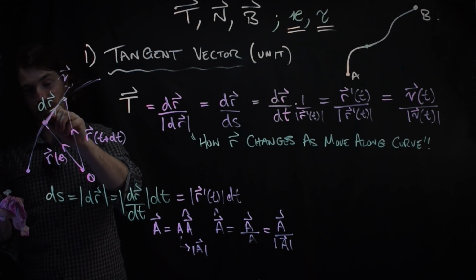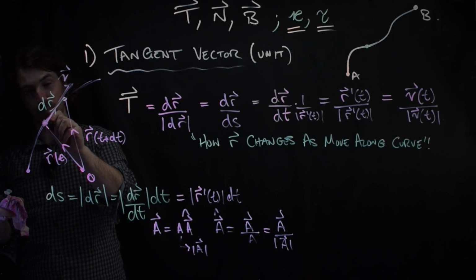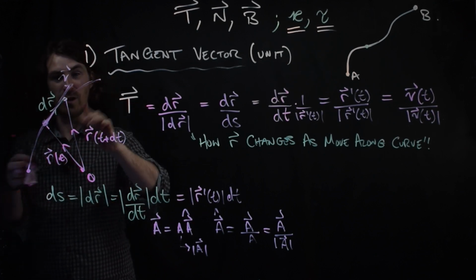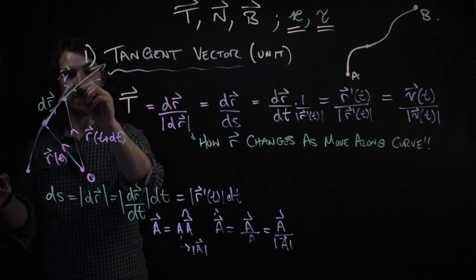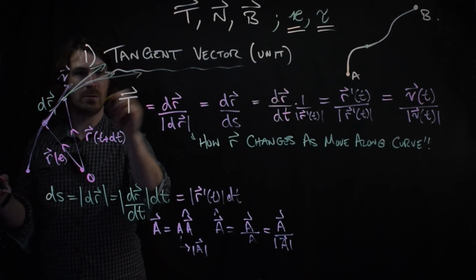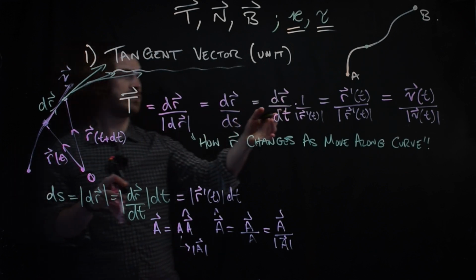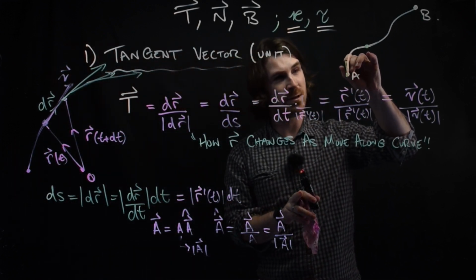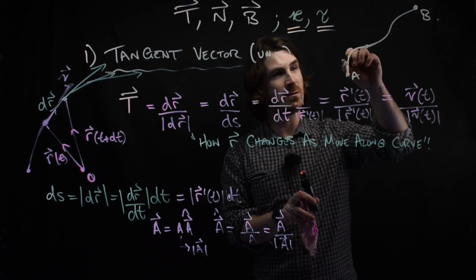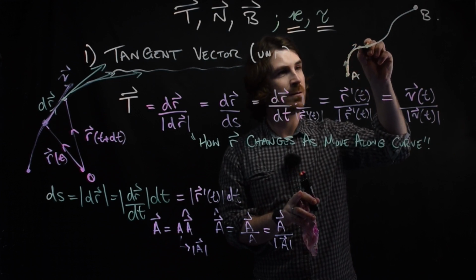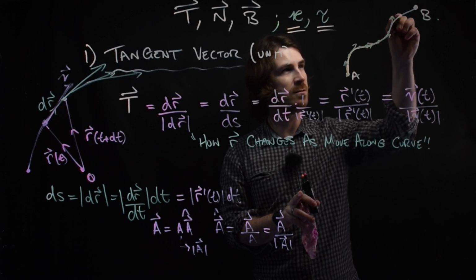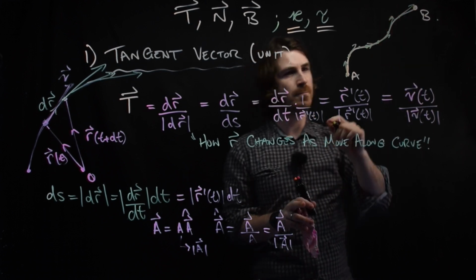This is the velocity corresponding to motion at this point. As we move around the curve, the tangent changes direction. If we were to draw a tangent vector at this point, it will point in this direction, at this point in this direction, this direction, this direction, etc.